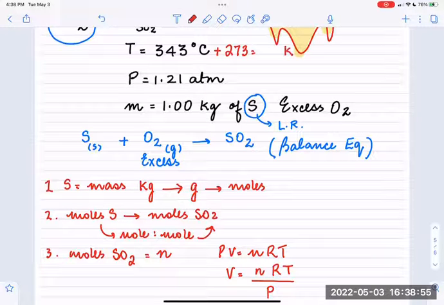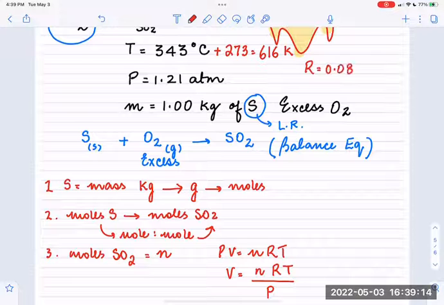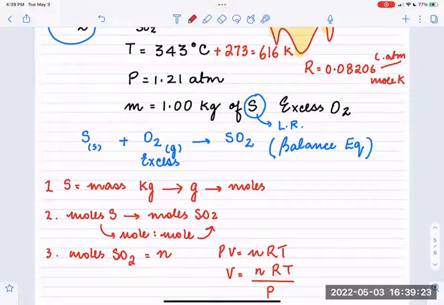So how much is that? 273 plus 343, and you get 616 K. So we are given the temperature, we are given the pressure. We know the value of R is equal to 0.08206 liters times atmosphere per mole K. Okay, so the value of R is known, the value of n is known, and we can easily find the volume.